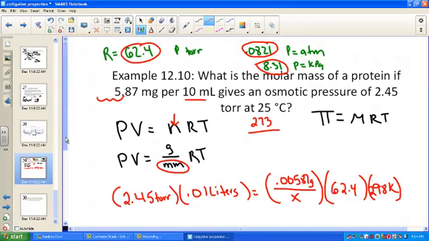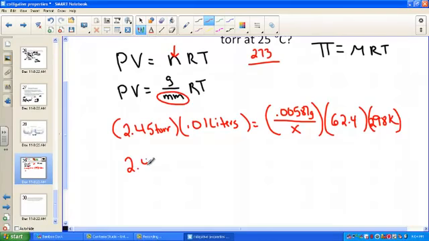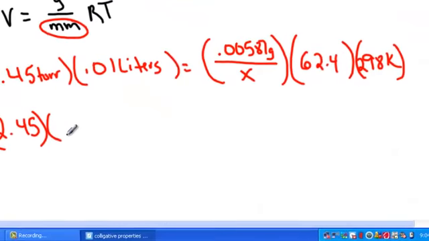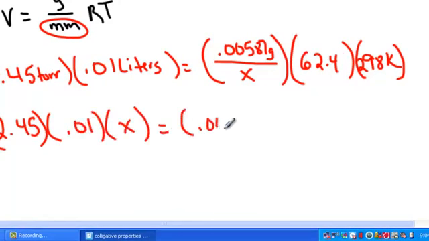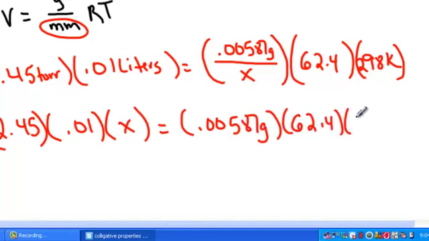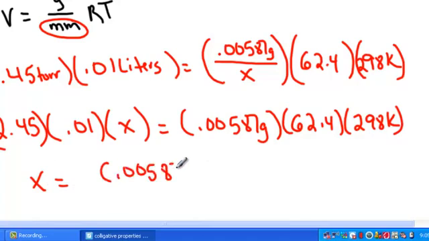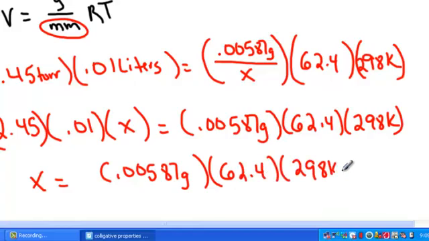Let's pull out X. 2.45 times 0.01 liters times X is 0.00587 grams times 62.4, the R constant, times 298 Kelvin.